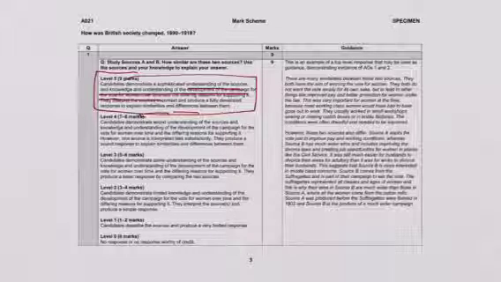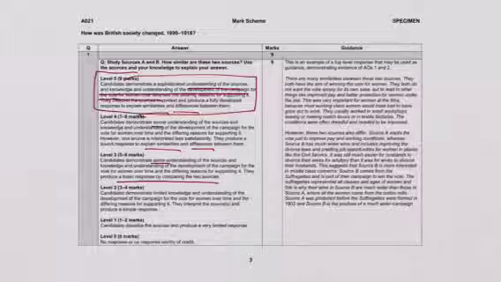The difference here: a sound understanding of the sources and knowledge and understanding. But it's the same thing, they're still looking for similarities and differences between the sources. Lower down, some understanding of the sources, and some knowledge and understanding of the campaign, a basic response by comparing the two sources.